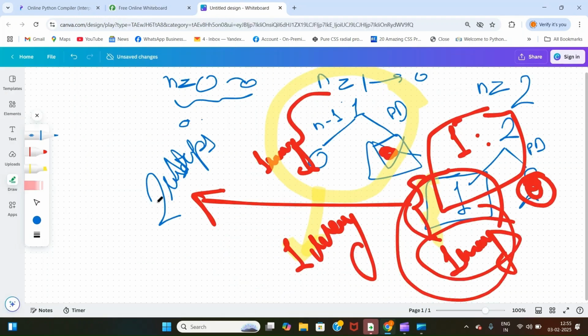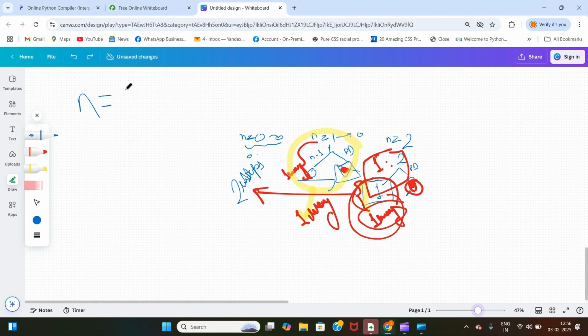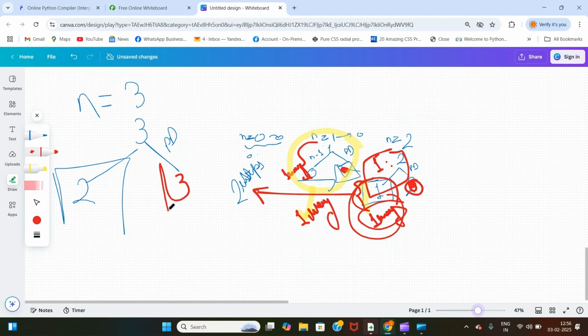Now let's see for the 3. Let's consider when my n is 3. If it is 3, what will happen? 3 minus 1 can go for the 2 sub problem. Or else, the prime divisor of the 3 will be 3 itself, meaning an invalid state. This is your invalid state, because 3 is already visited. So now I am having this first step.